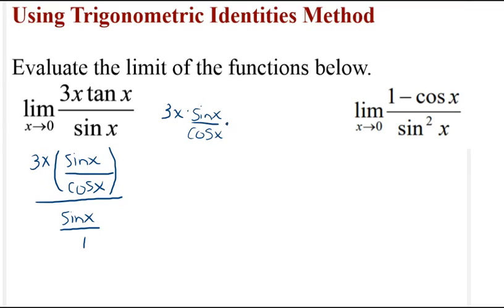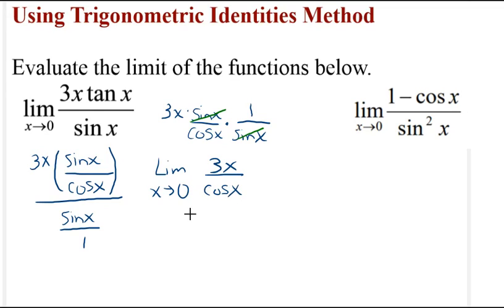When I keep change flip it, sine of x divided by 1 becomes 1 over sine of x. So you see here everything's being multiplied. The sine of x would reduce. So I'm left with the limit as x approaches 0 for 3x over cosine of x.